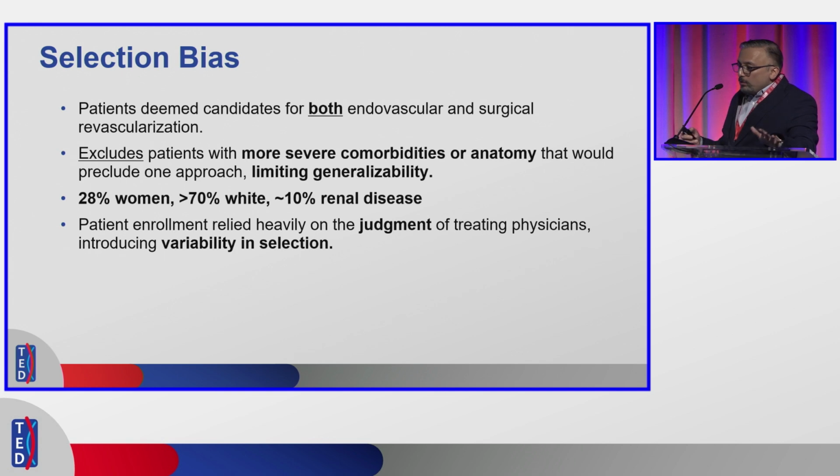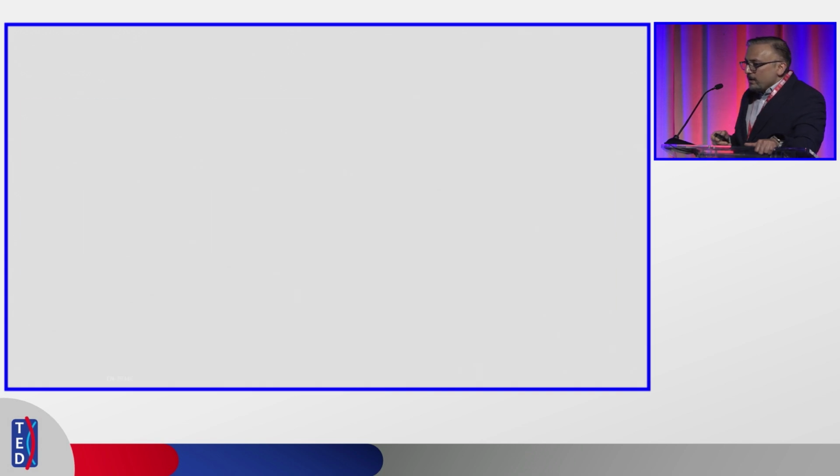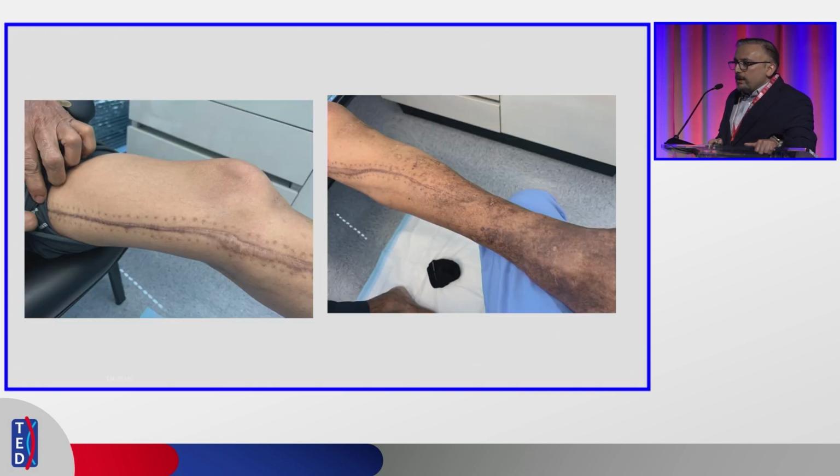So they excluded a whole bunch of patients, and like I said, there was some selection issues with the type of patients. And patient enrollment into the arm, whether they got surgery or endovascular therapy, relied only on the judgment of the physician at that site. And we know that can be variable, right? So not everybody can get this.